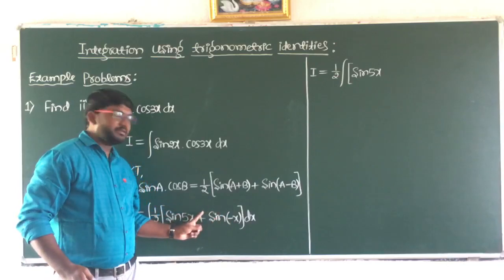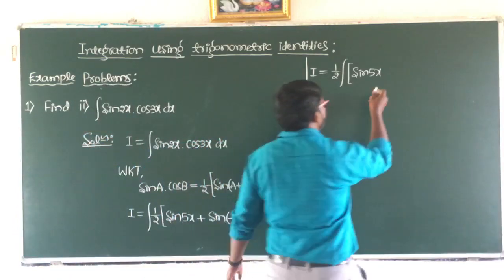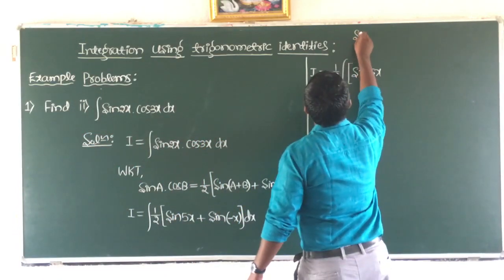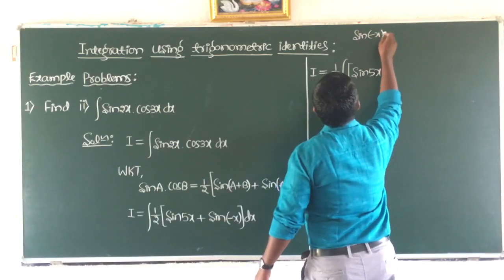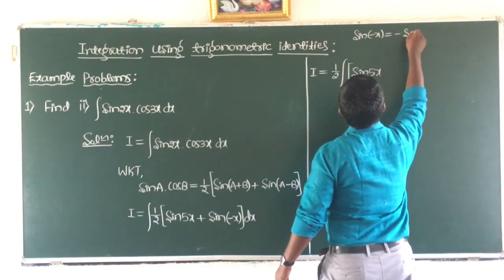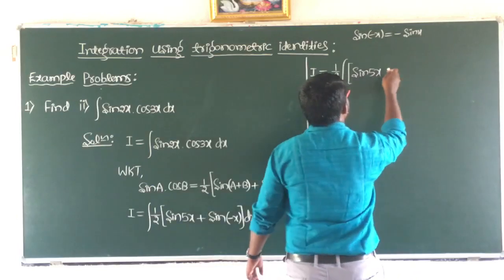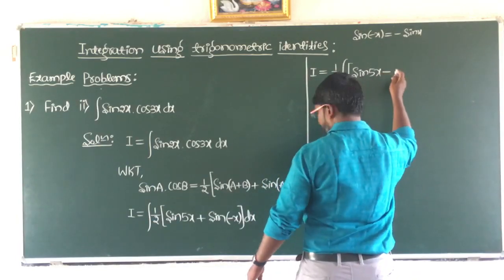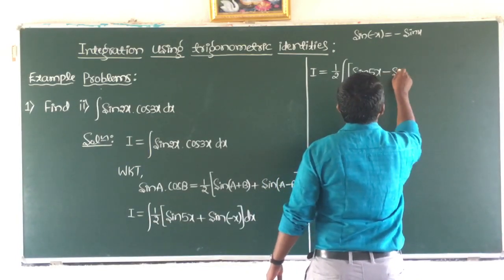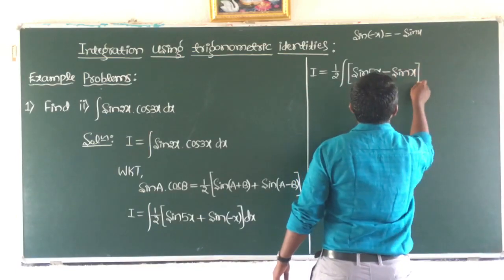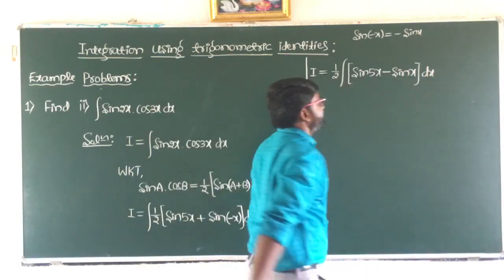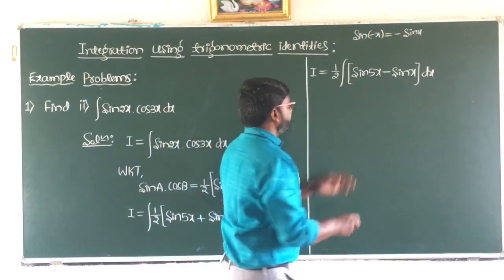Minus into plus will be minus. So we have the property sin of minus x is equal to minus sin x. So here minus sin x dx. Now let us integrate them separately.